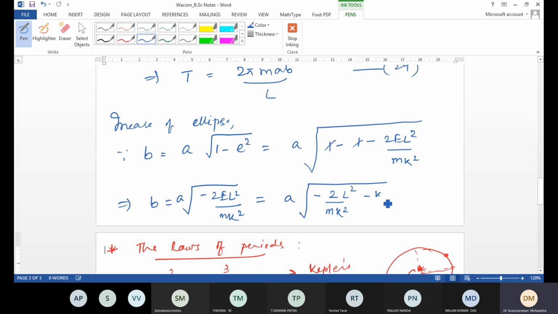Minus minus becomes plus, 2 gets cancelled, and K. If you do all these cancellations, you are left with A root over of L square by MKA.